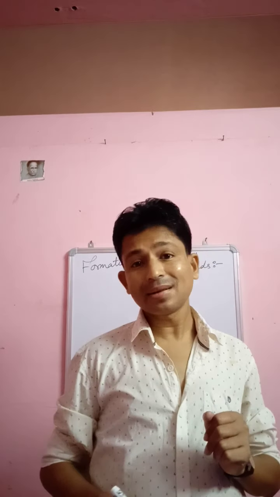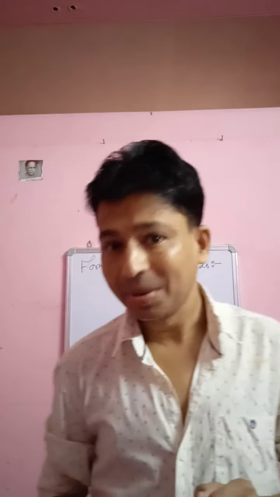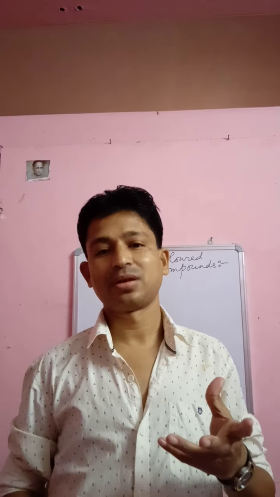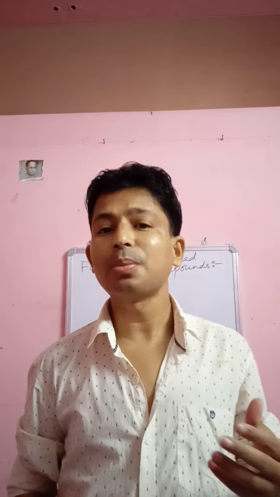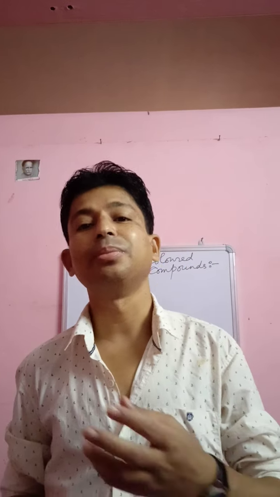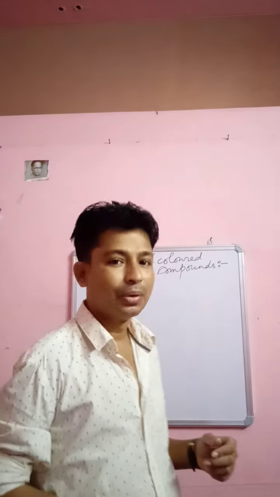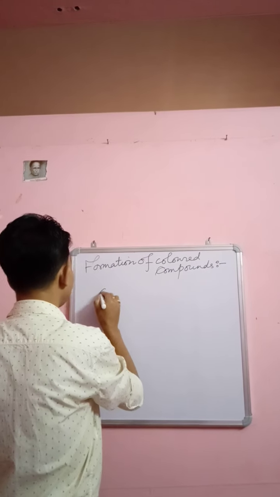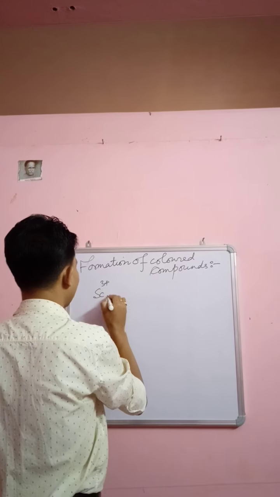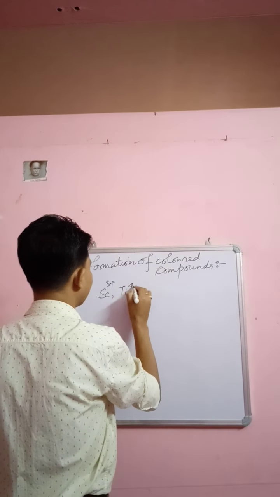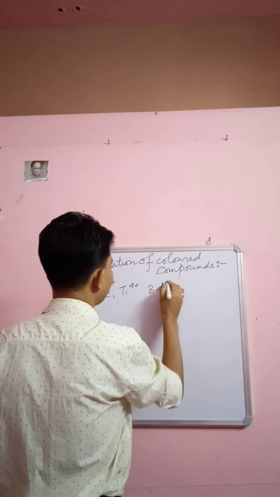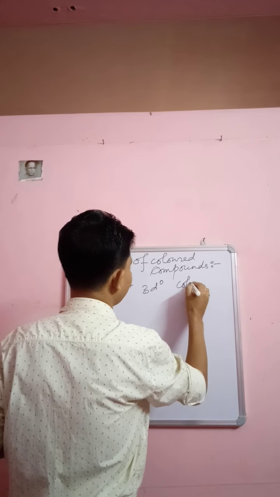But where there is no d transition, meaning the d orbital is vacant, there is no possibility of d to d transition, and this type of compound becomes colorless. For example, scandium 3 plus and titanium 4 plus, where we have 3d0 configuration, the compound will be colorless.